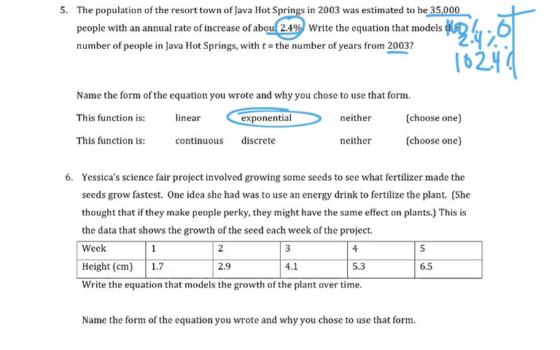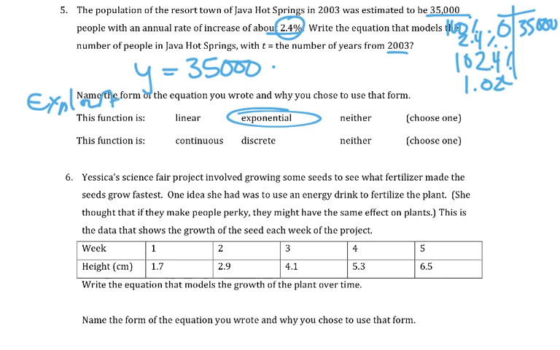Since we're told where we're starting with 2003 at 0, and we have 35,000, I would go with the explicit form. You could do recursive, but y equals, we started with 35,000 people, we're timesing by 1.024, because we turn it into a decimal, to the t.